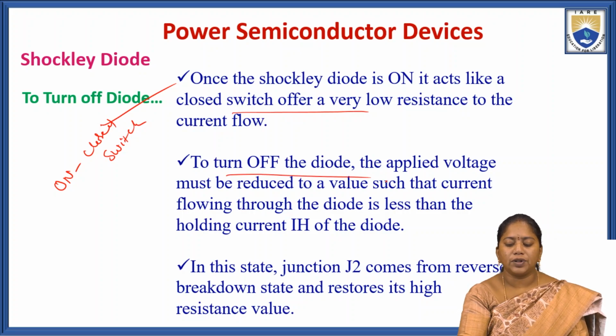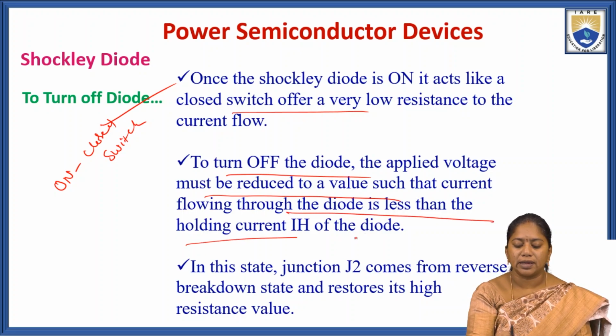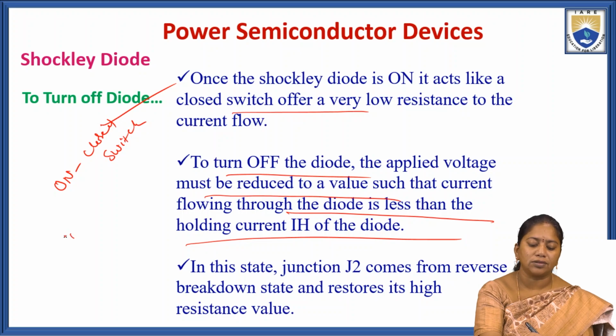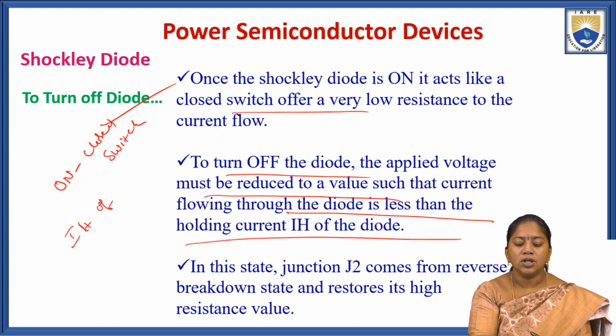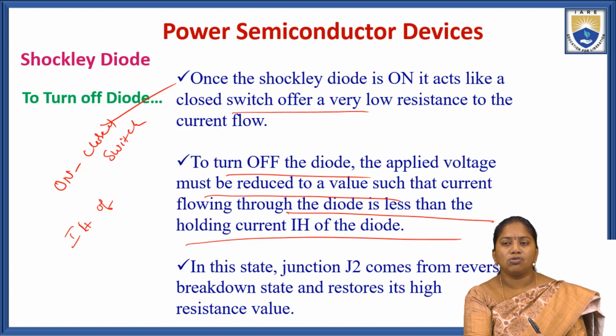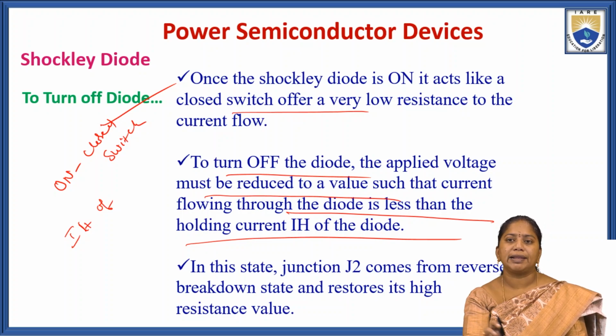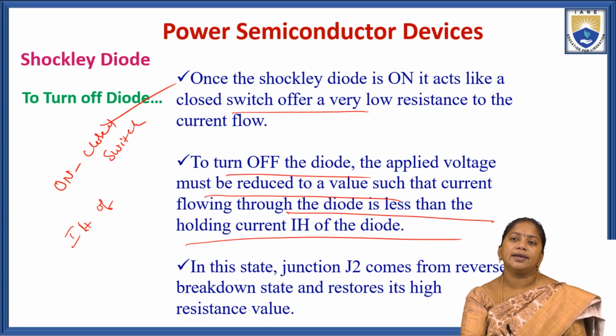To turn off the diode, the applied voltage must be reduced to a value such that the current flowing through the diode is less than the holding current IH of the diode, where IH is the holding current.